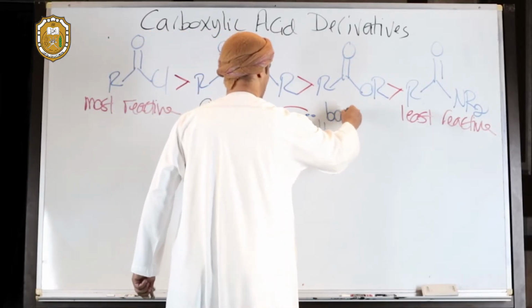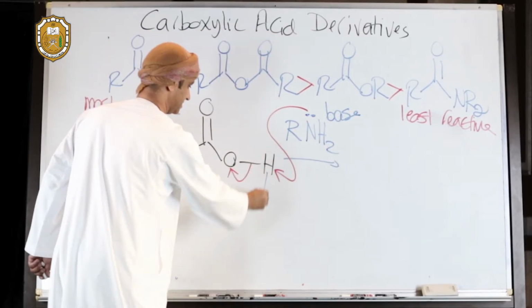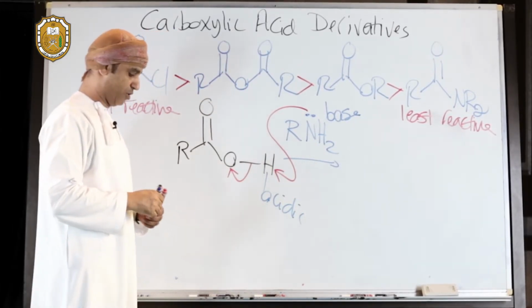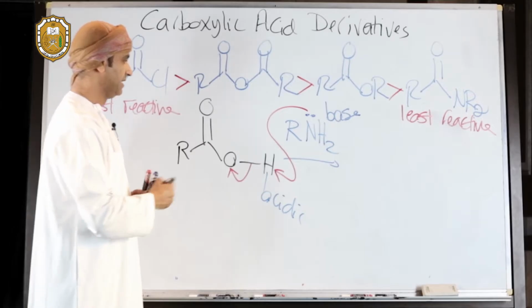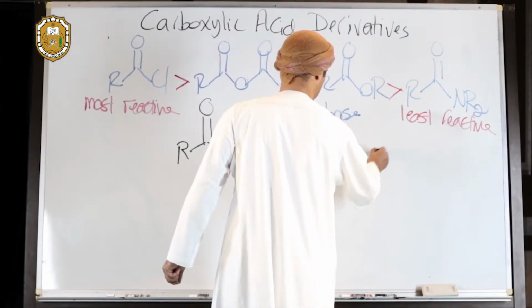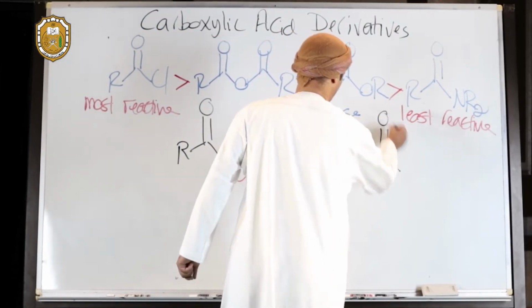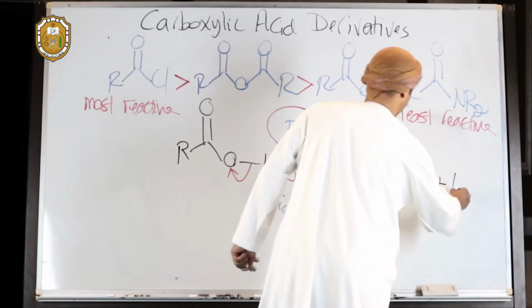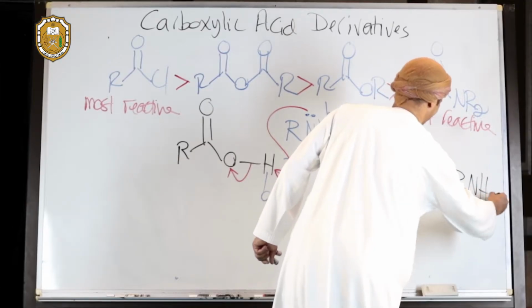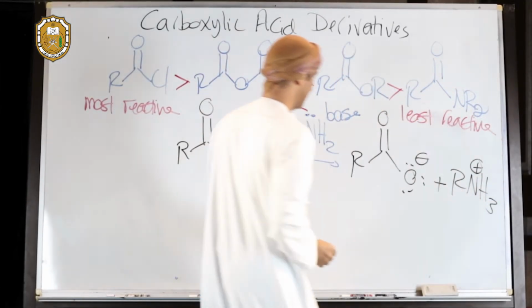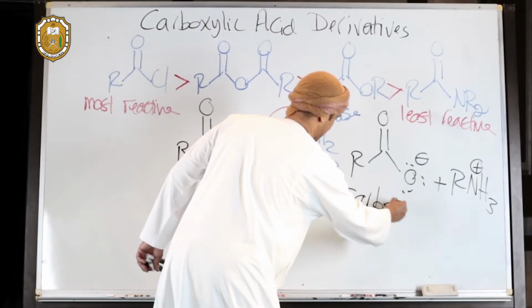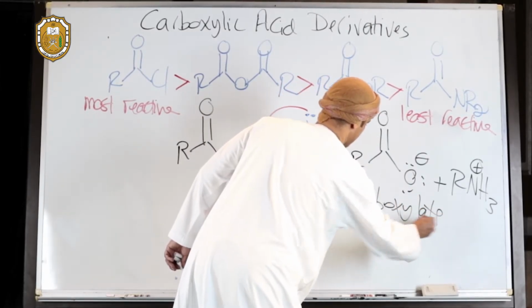So amines are basic, and of course this hydrogen is acidic, so that's really very important. So what would happen now is actually an acid-base reaction, to give the conjugate base of carboxylic acids, which is the carboxylate ion.